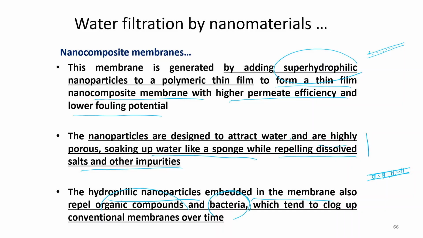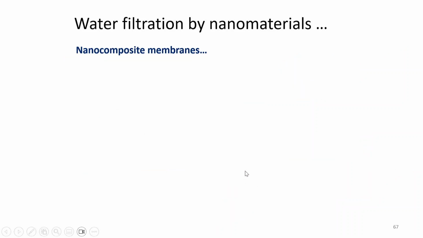takes place in conventional membrane, but if we use the nanoparticle nanocomposite material to form the membrane, in that case clogging will be reduced. So, different types of nanocomposites are used. The main advantages of nanocomposites are increased hydrophilicity.